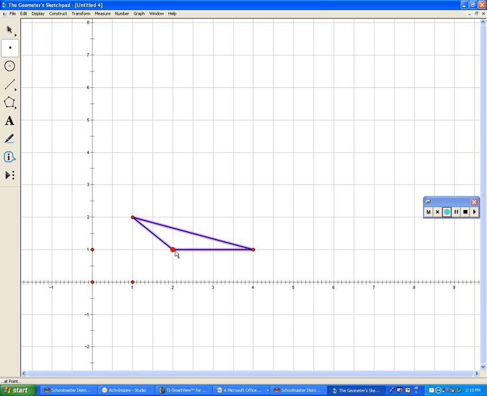So instead of being at 2, 1, I'm going to be at 4, 2. And instead of being at 4, 1, I'm going to be at 8, 2. Double them both. And for this one here, instead of being at 1, 2, I'm going to be at 2, 4. So that is my new shape. Okay? Now it says, what is the ratio of the area of the dilated triangle to the original triangle?